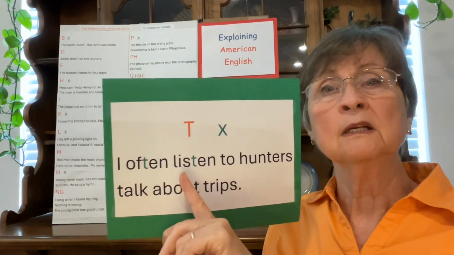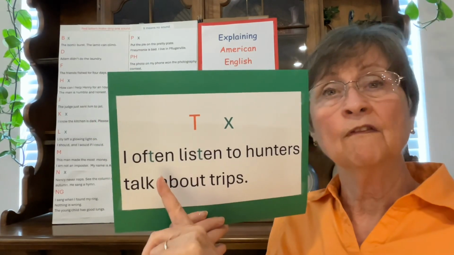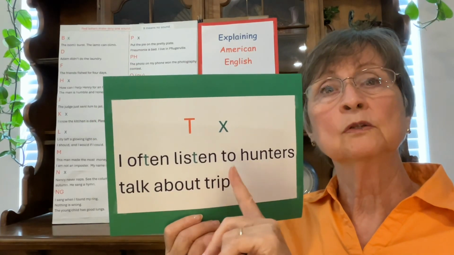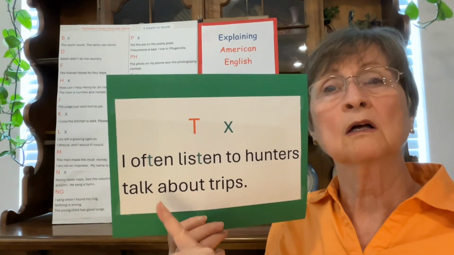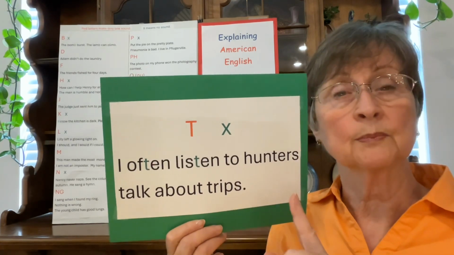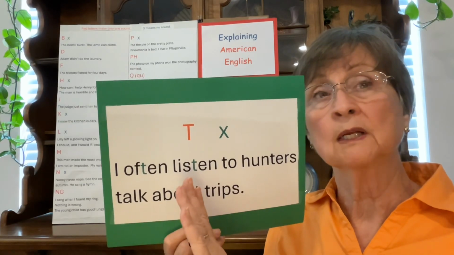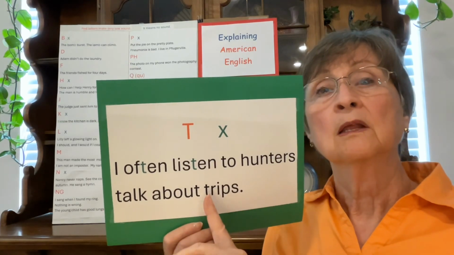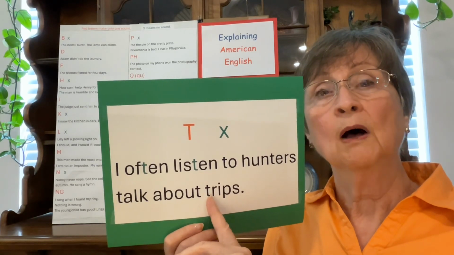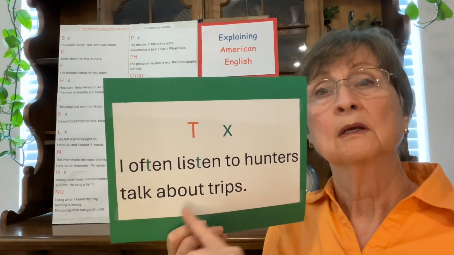I often, read this with me, I often listen to hunters talk about trips. Now the stop let me know that this was a T, but it didn't pop. The T then goes pop with the TR, trip.